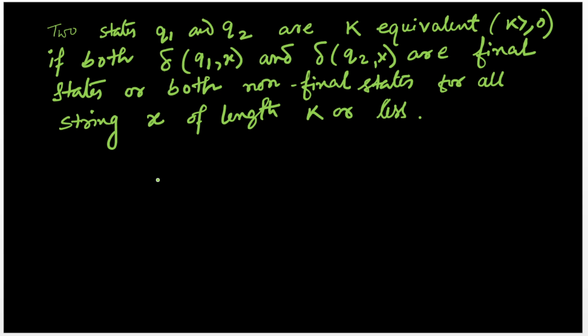Every time we have to check this, and we partition those states which are equivalent into one subset. The partition can be denoted as pi.